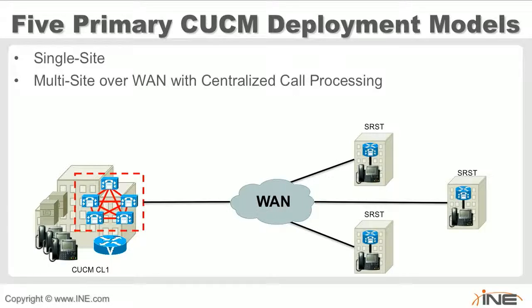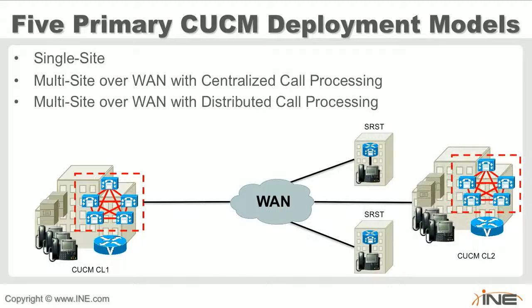They are primarily registered to the centralized call processing cluster. So regardless of where the actual voice goes, whether over the WAN or over the PSTN, there's actually a design option for voice over PSTN, the signaling will be going across the WAN and terminated by, answered by, served by that central cluster.